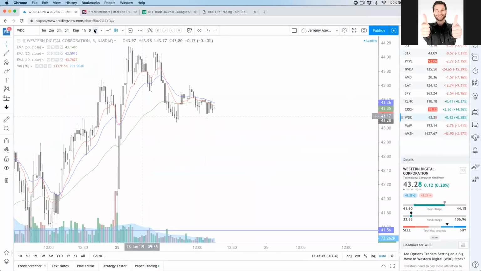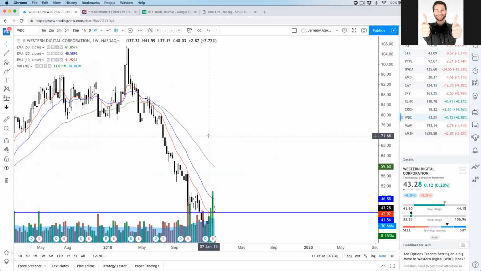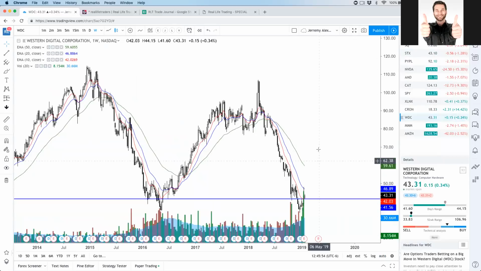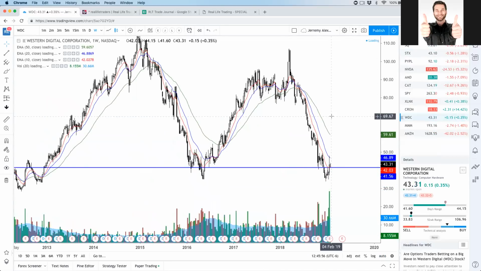Danny says, what are your thoughts on support a few years ago still being valid? Looking at WDC, I've seen it to the previous support, but it's back in 2016. Yep, you are correct, Danny. And usually if I'm using massively long-term supports like that, that is for a longer-term trade. So if I'm in WDC and I want to buy this longer term, I want to be in this one for months or a year or two, then I will absolutely zoom out and get big picture support.